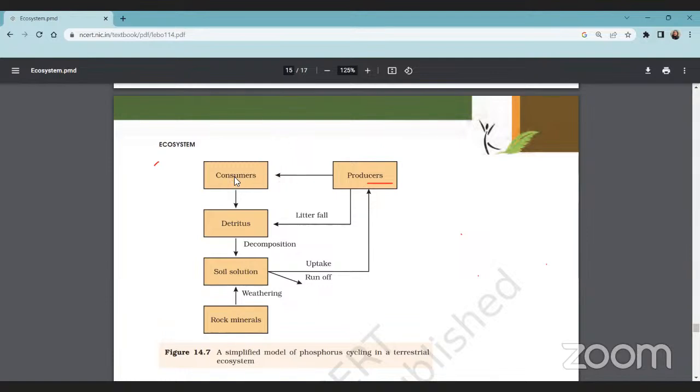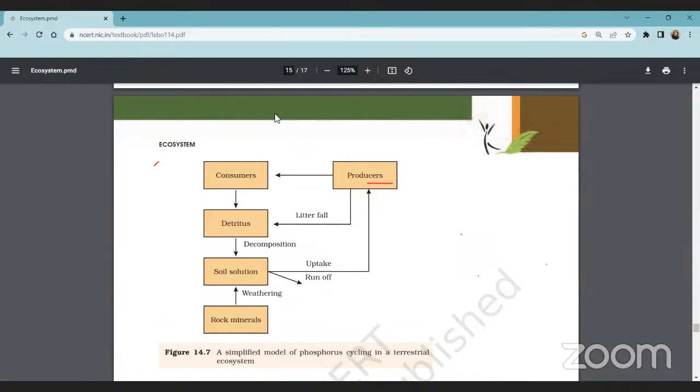When those consumers die, the decomposers mix them into the soil. Dead animals and dead plants become litter; it is litter fall, meaning dead leaves, dead plants and dead animals, which are mixed into the soil by decomposition.